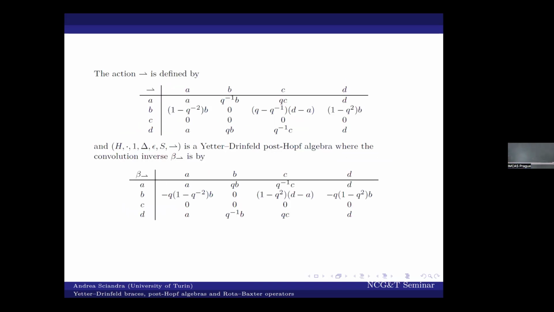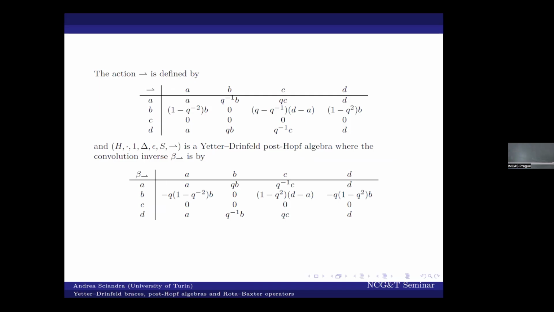And you can also define now an action in this way. So you can see that A over everything is substantially the identity. So just for B and C, you put a scalar, Q minus 1 and Q. And the same for D over everything.